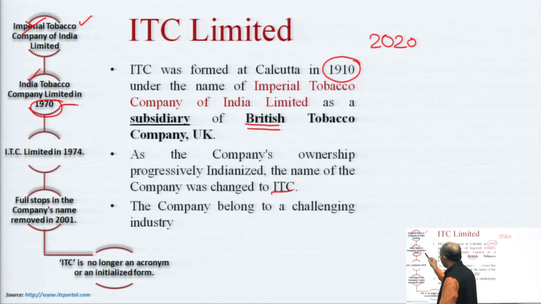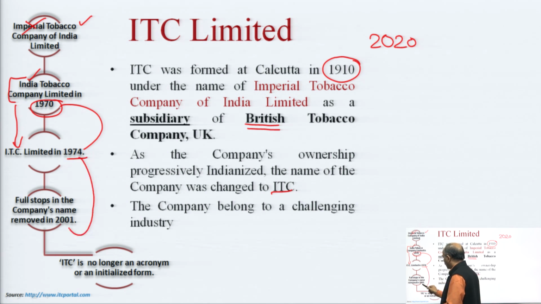By 1974 the full name of the company was reduced to the acronym ITC Limited, and in the year 2001 the name of the company remained only ITC. The full stops or dots were dropped from the name, and now ITC is the name of the company. It is no more any kind of acronym or initialized form.